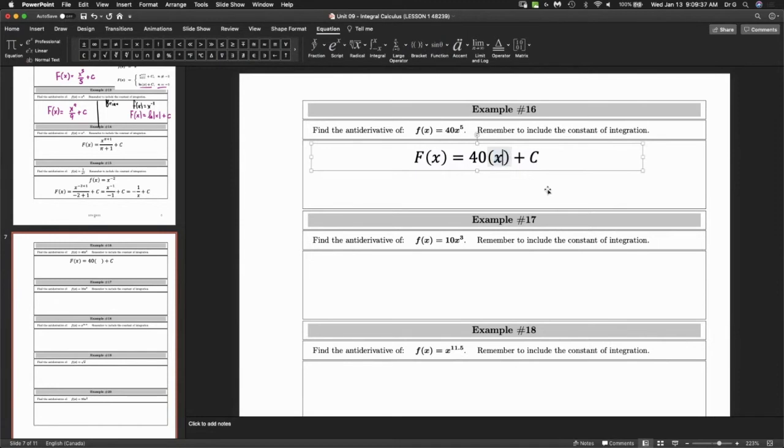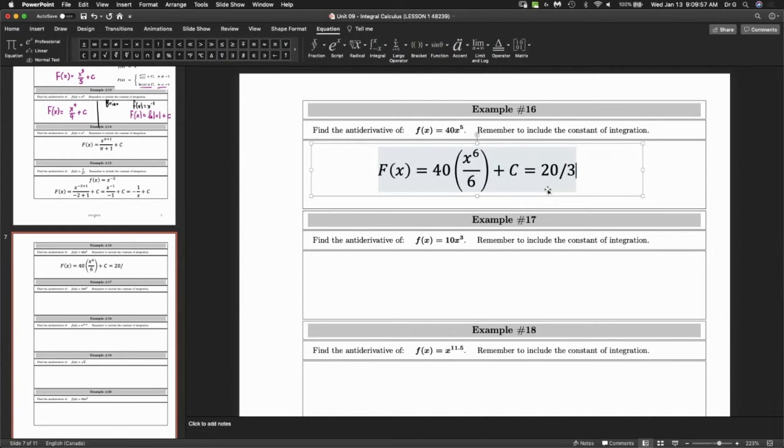So you add 1 to the exponent. If you don't mind, guys, I'm not going to put that step where I do the addition or subtraction stuff. I'm just going to put the final answer, which is x to the 6 over 6, like that. And then it's on you to remember to clean it up a little bit, because that's not looking too pretty. There's various ways you could write it. I would probably just end up writing it like this.